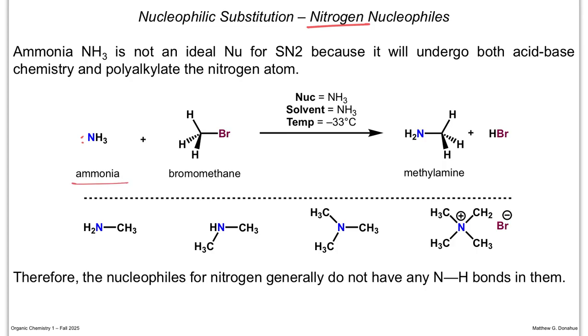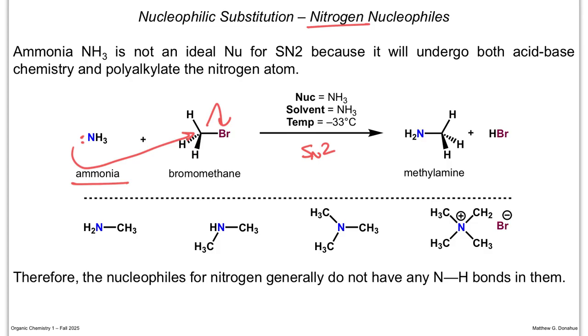Ammonia has a lone pair of electrons that can attack the carbon bearing the leaving group. And so we've substituted the bromine now for an amine group.